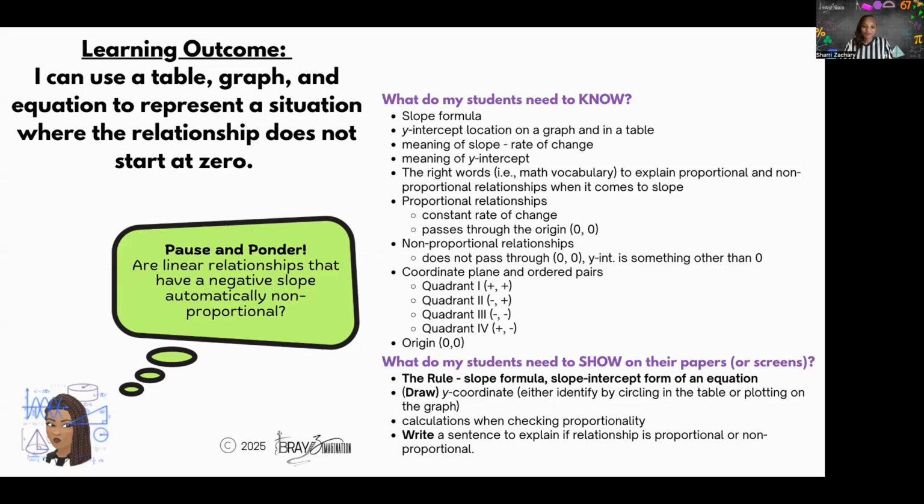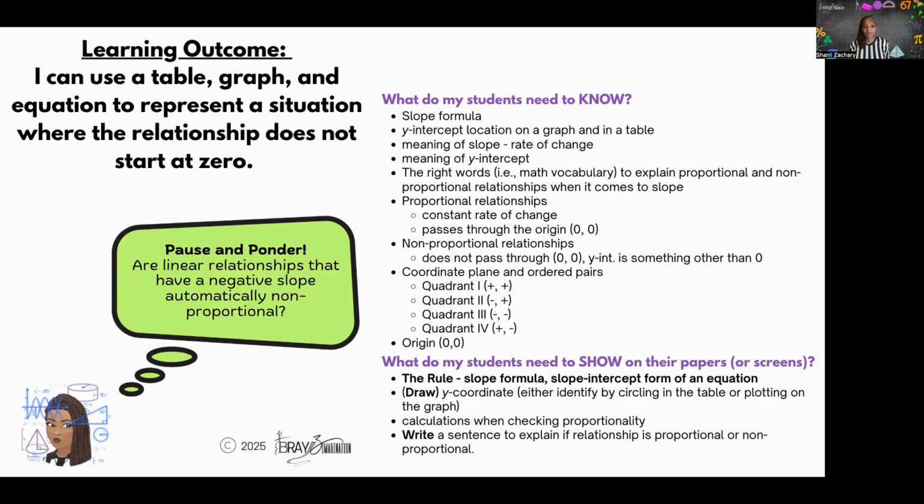And then as we move on to what students need to be able to show on their papers and screens, we want to be able to see the rule, which is the slope formula, the slope-intercept form of an equation. You also want to add to that maybe having the students label their ordered pairs. We do want them to draw or circle their y coordinate, or however you want them to identify that.